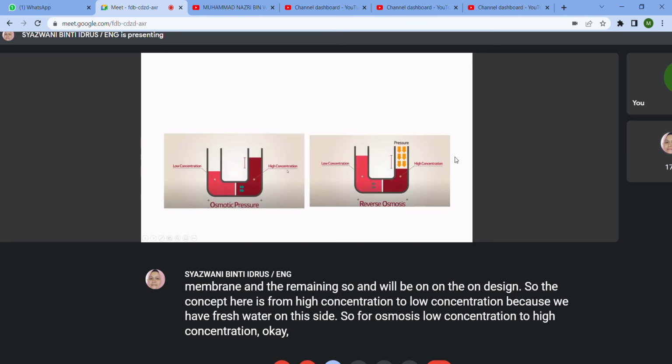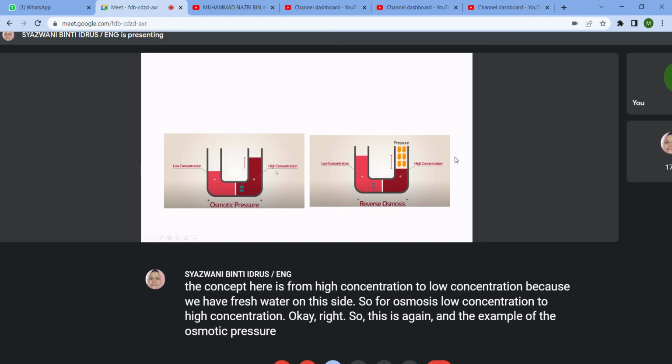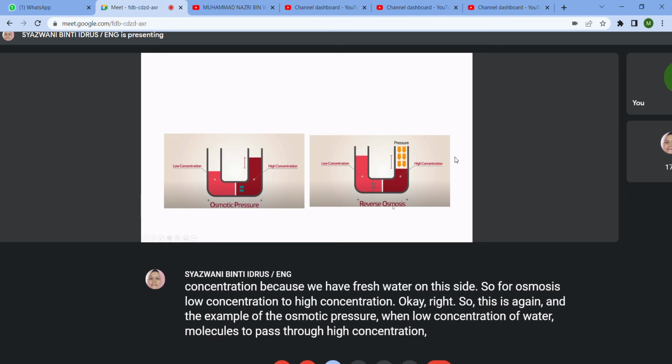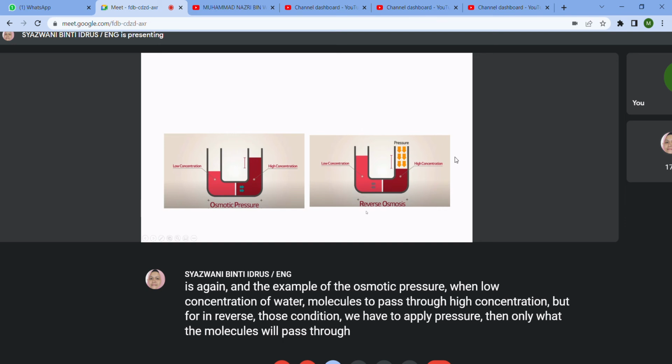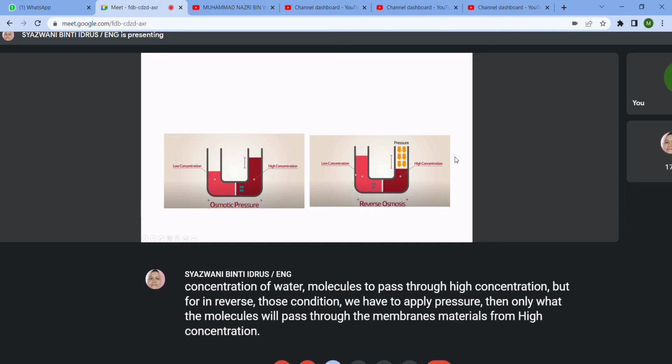This is again an example of osmotic pressure, where water molecules pass from low concentration into high concentration. But in a reverse osmosis condition, we have to apply pressure, and only then will water molecules pass through the membrane materials from high concentration to low concentration.